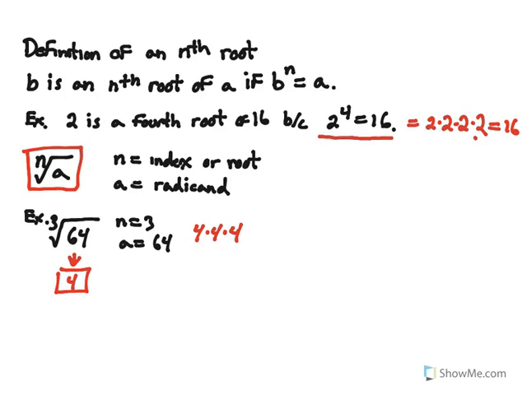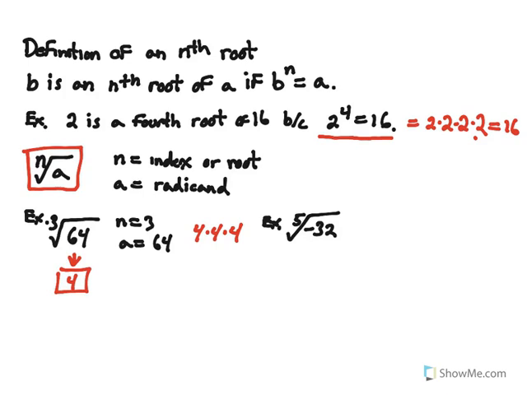We can look at another example. We're going to take the 5th root of negative 32. Now keep in mind that the index is going to be 5, and we're taking the 5th root of 32, but it's not positive, it's negative.